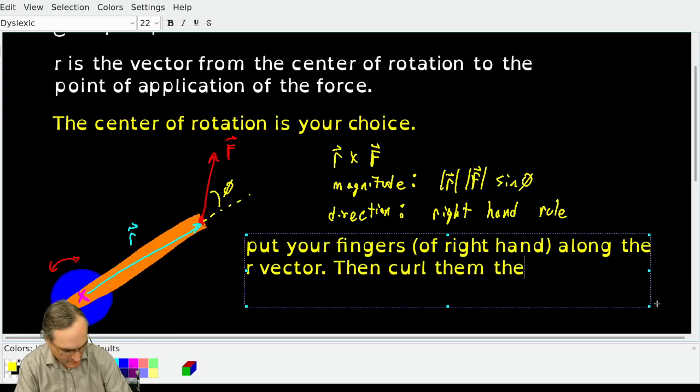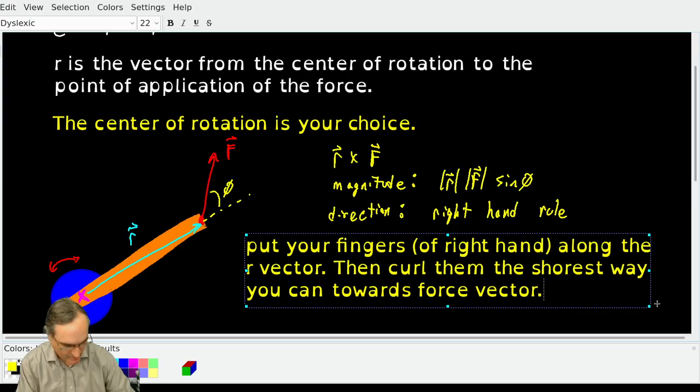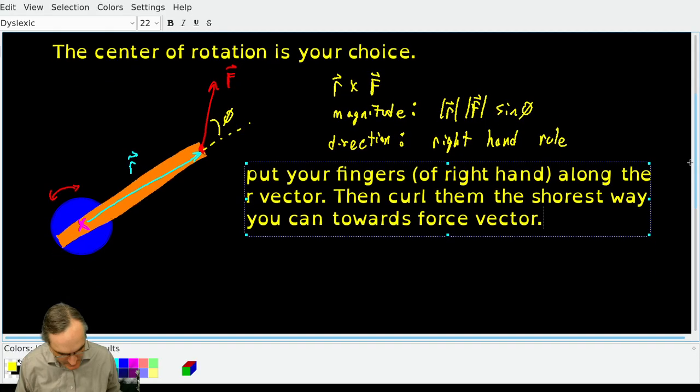Then curl them the shortest way you can towards the force vector. Okay, so in this case we'd have our hand coming out and curling around. Notice my thumb is pointed at me. And that's the last bit we need for this.